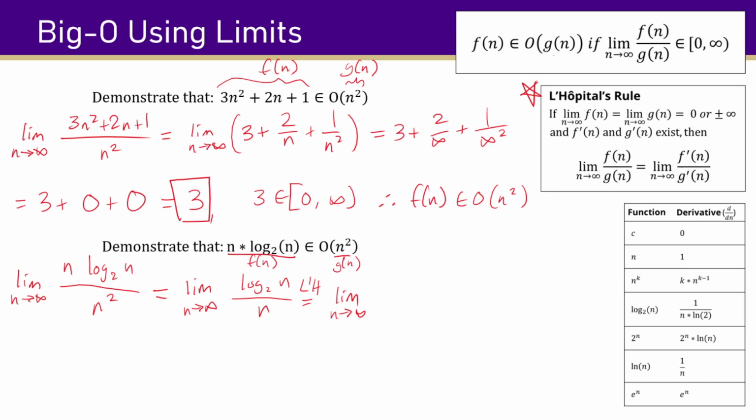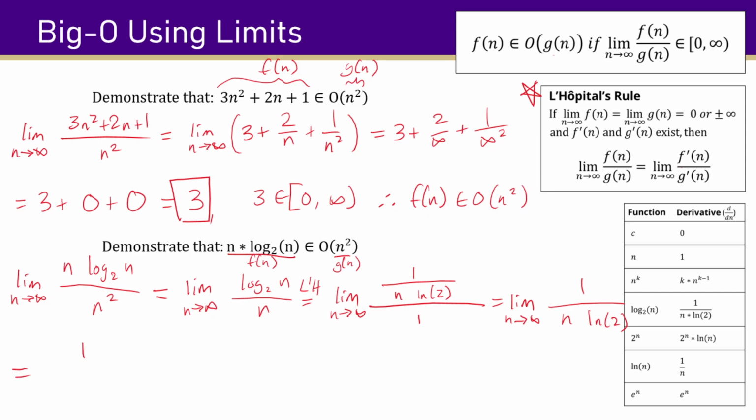We'll take the derivative of the top, which gives us 1 over n times ln of 2, that whole thing divided by just 1. Of course, that is just the limit as n approaches infinity of 1 over n times ln of 2, which is just a constant.